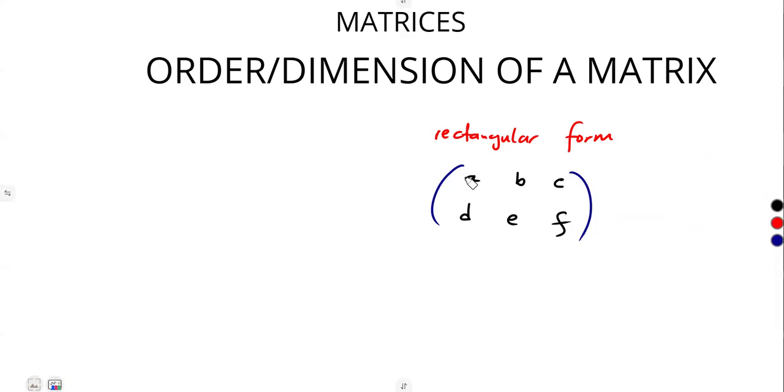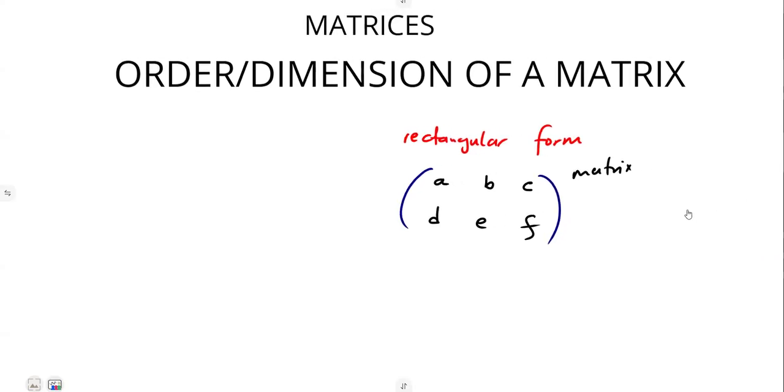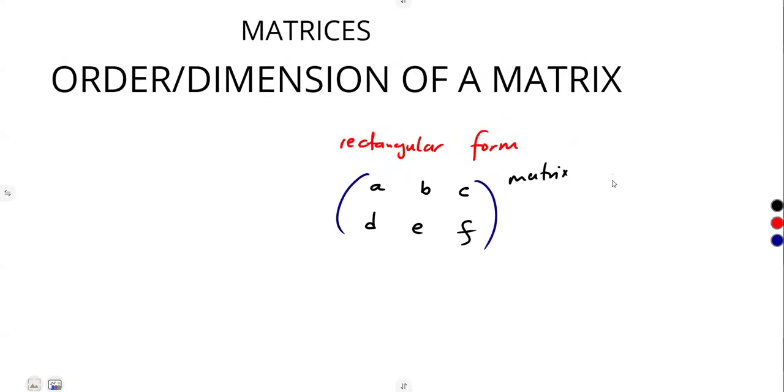Given A, B, C, up to F, a matrix is represented or given in terms of the rows by columns. So the presentation of the order or the dimension of a matrix must be the number of rows first by the number of columns.